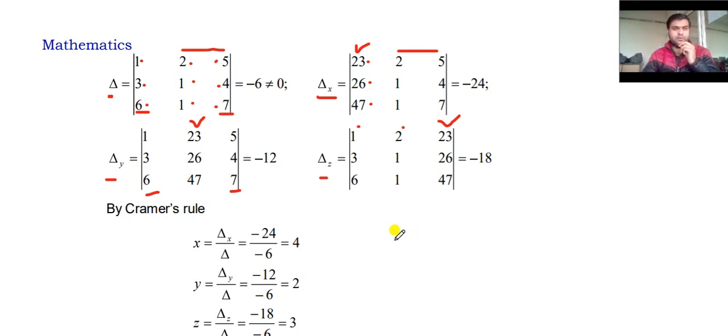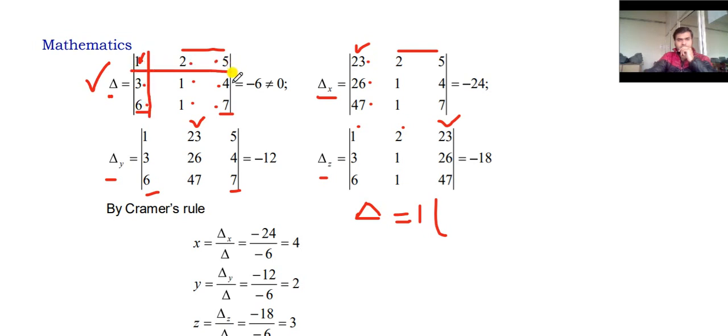Then we have to find the value of delta. So we solve this one. For solving this, we take this first element 1, hide its row and column, and see what is remaining.